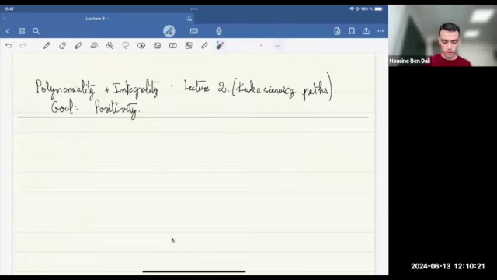So we had this integrality using Łukasiewicz paths, and now we'll try to use the combinatorial formula that we had for the Jack characters to prove the positivity part.